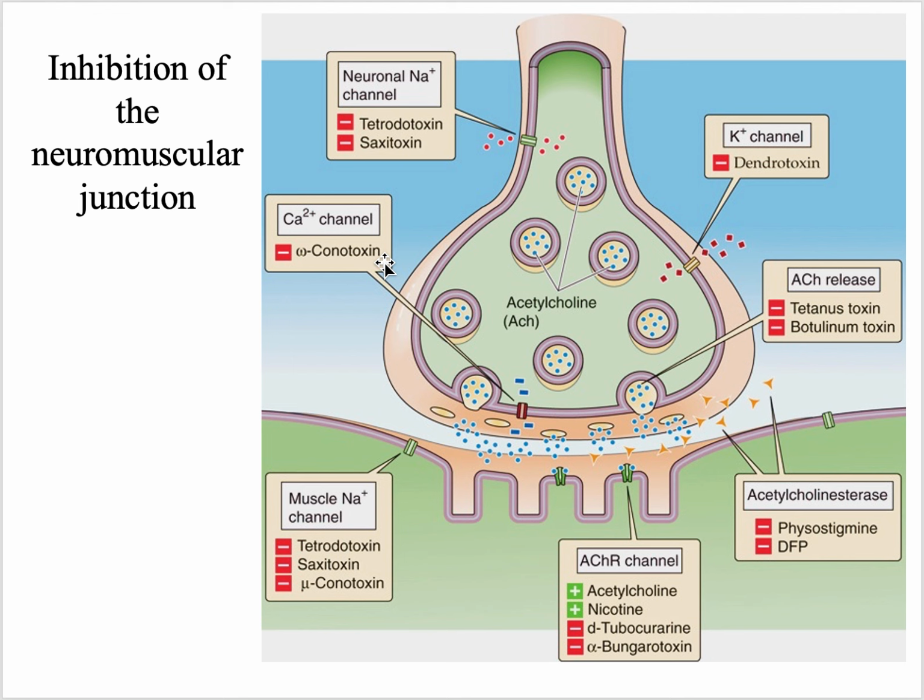If you're inhibiting these voltage-gated calcium channels, we can't get the influx of calcium into the synaptic knob, and as a result we could not get exocytosis of these synaptic vesicles. So acetylcholine could not be released into the synaptic cleft.